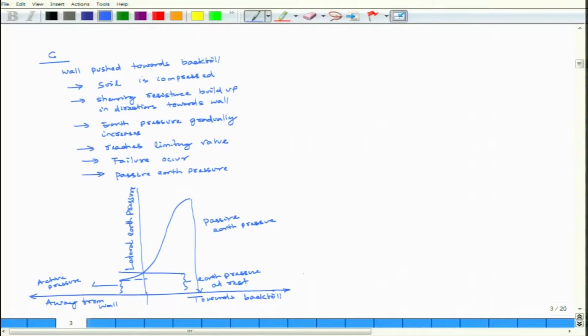If I draw the lateral earth pressure, then you can see that passive earth pressure is much higher than active earth pressure. Active earth pressure is generated because the wall moves away from the fill. Passive earth pressure is generated because the wall moves towards the fill.